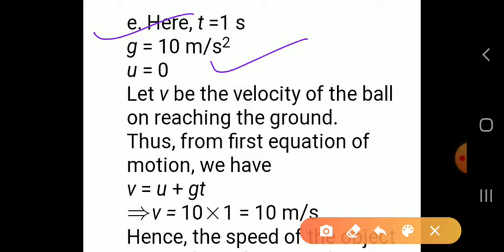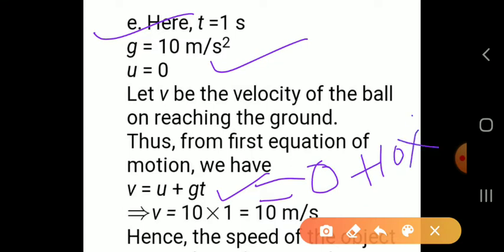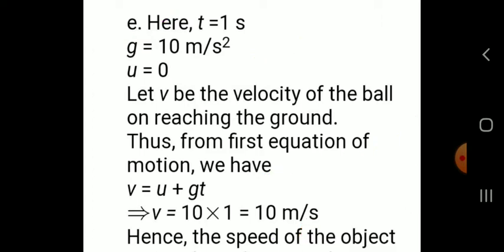Thus from the first equation of motion we have v is equal to u plus gt. Therefore v will be equal to 10 into 1. Why? Because u is 0 and g is 10 into t is 1. So it will be equal to 10 meter per second.